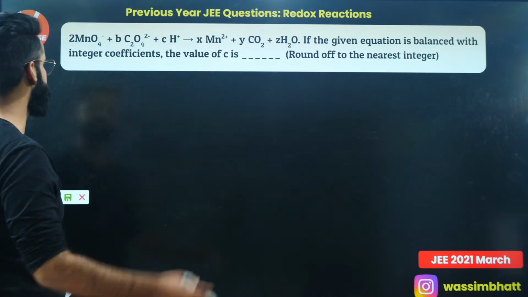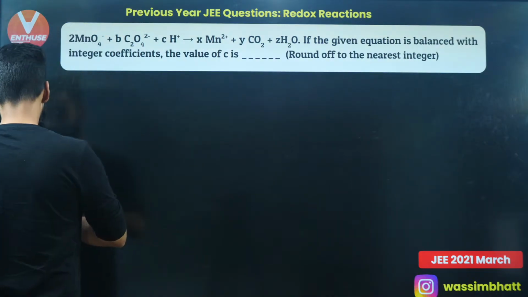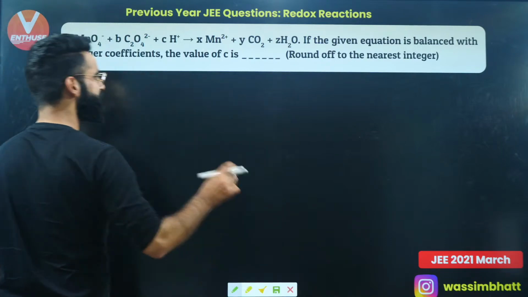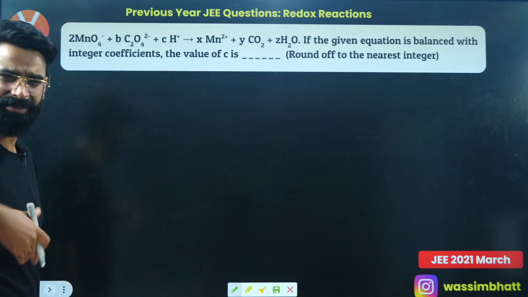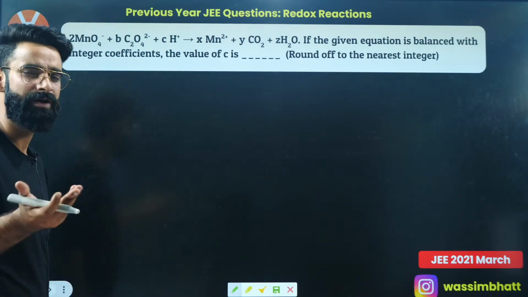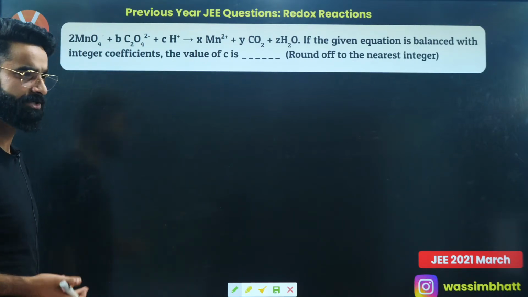See guys, how am I going to solve this sort of equation? First of all, we are going to balance this reaction, that's all. Balancing in acidic medium can be done either by the ion electron method or the oxidation number method. The choice is all yours.